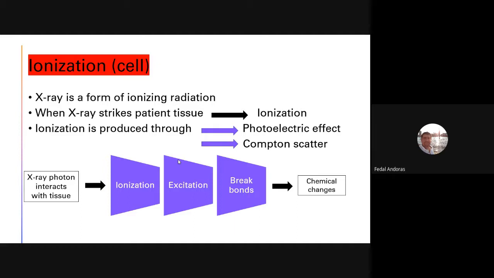When there is ionization, excitation, the bonds break automatically. These might interact or might rebound again to form the same atom, or there will be a change. So at the end, there will be a chemical change. And this chemical change within the body is called biological change. Okay?